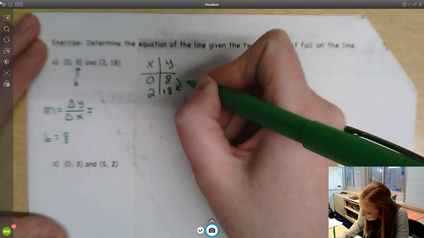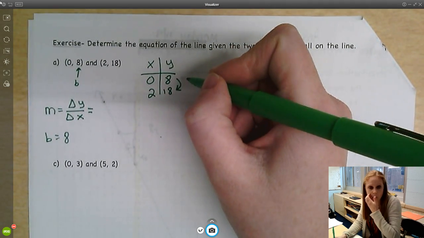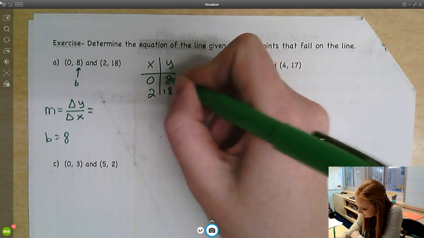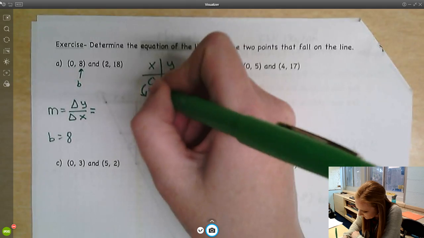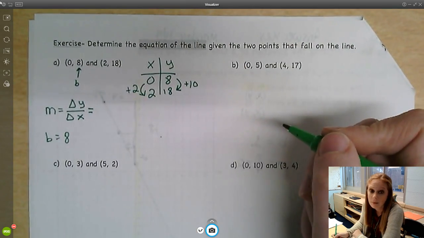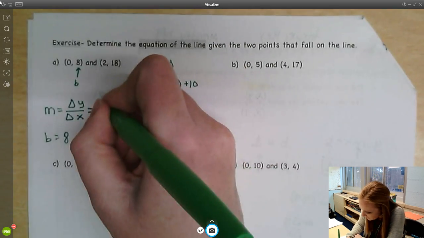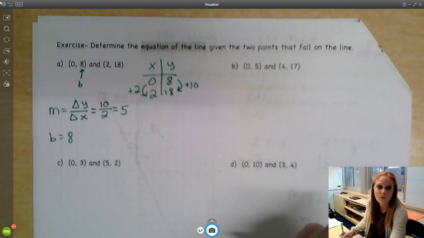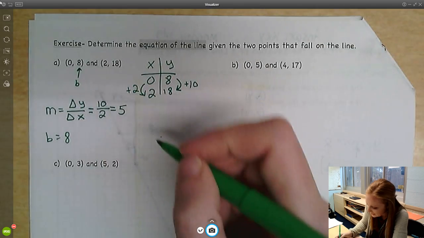How do you get from 8 to 18? If I'm not sure, I could go backwards. 18 minus 8, 10. 8 plus 10 is 18. How do I get from 0 to 2? I'm going up by 2. My change in y is 10. My change in x is 2. 10 over 2 is 5. My slope is 5. My b is 8.